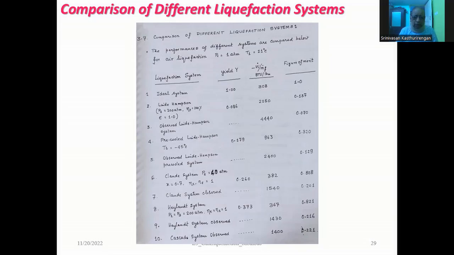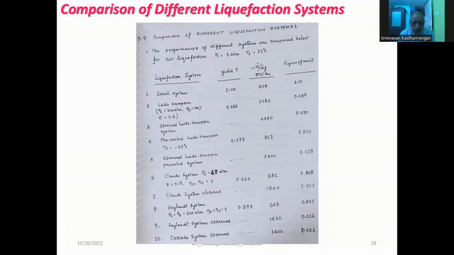So in such cases, yield is about 26%, whereas the work requirement is 382 BTU per pound. Figure of merit is approximately 80.8%. Okay. Claude observed is actually 1,540 BTU per pound, and only about 20% is the figure of merit.